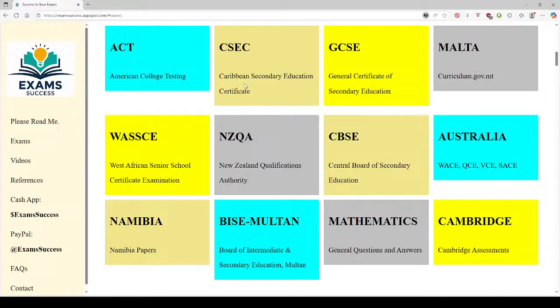If you're taking an exam and you're struggling with it and it is not listed here, you can always contact me to let me know, hey, I have the past questions of this exam, could you help me solve this? Because the essence is for you to pass your exams. I really want you to pass your exams.